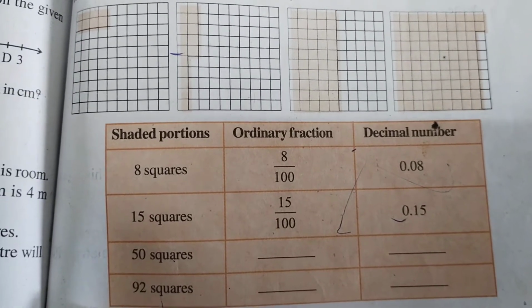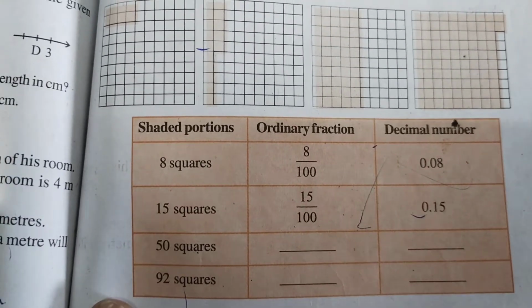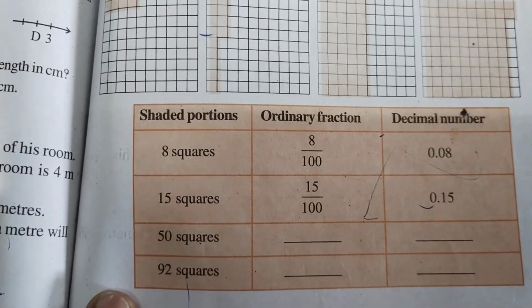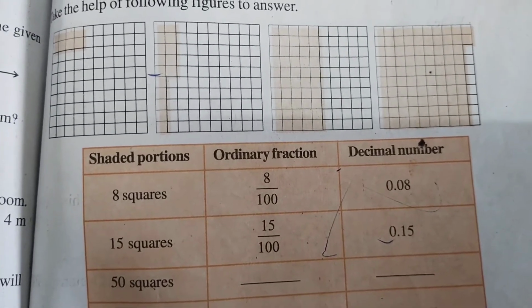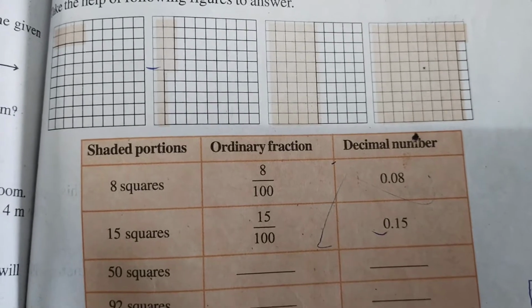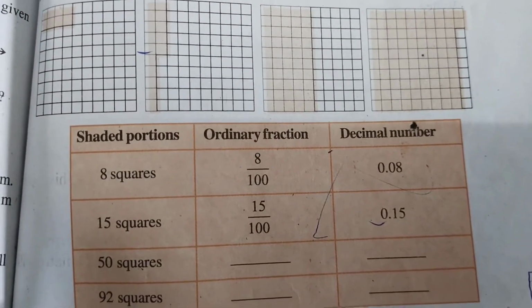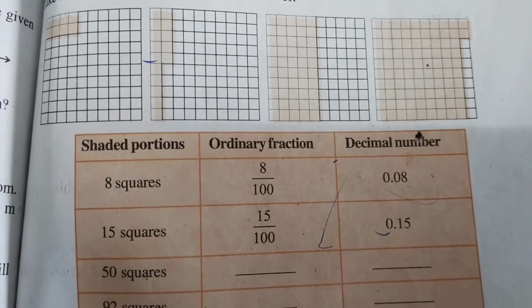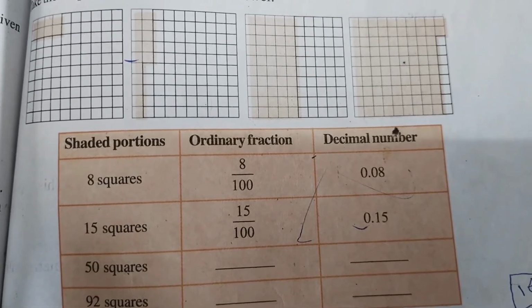We have to read the decimal digits after the decimal point individually, not grouping them. We cannot read 0.15 as fifteen. We have to read the digits individually, as the value of the decimal is lesser than 1.